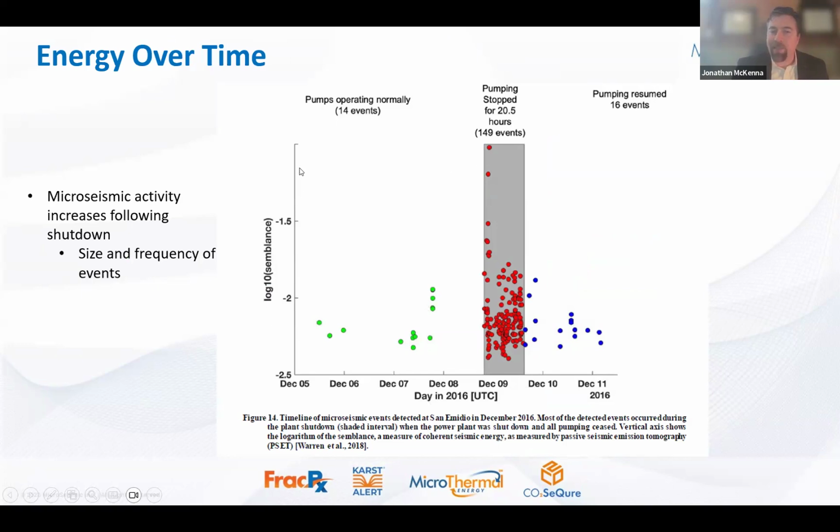As you go to more positive or less negative magnitude events, they become larger events. And this actually coincided with when they shut down their power plant. So what happened was they were pumping, we were listening to events, and we were stacking energy over time, seeing those hot spots. But then when they shut down their pumping station, we see a lot more events, with a lot higher magnitude.